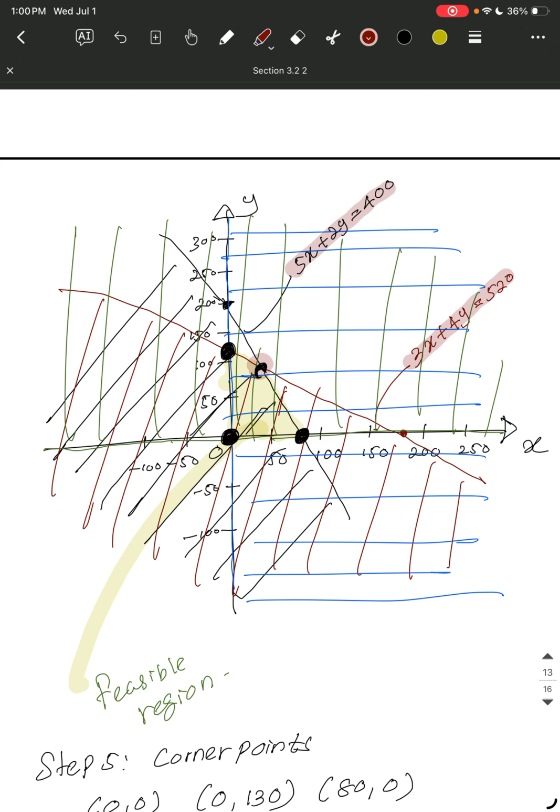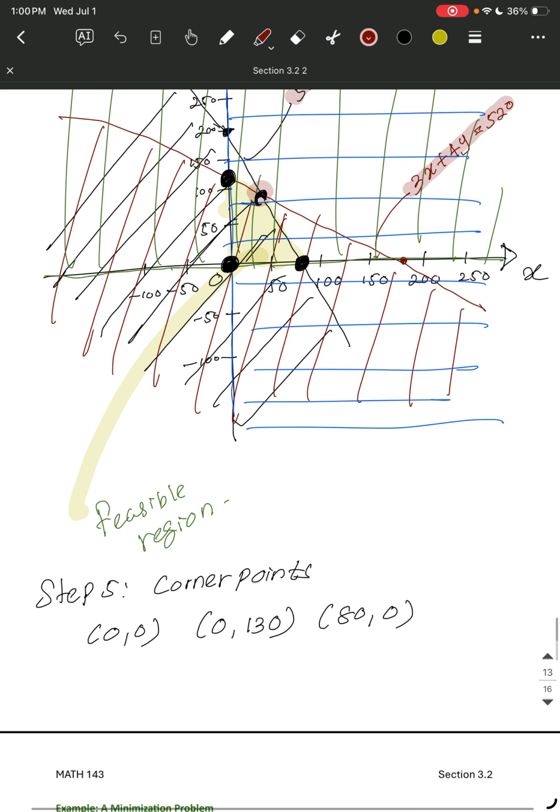So that means we should find the intersection point. Okay, then let's find the intersection point.